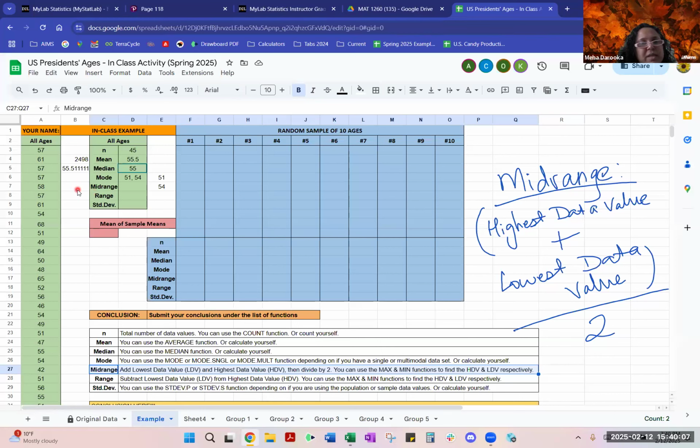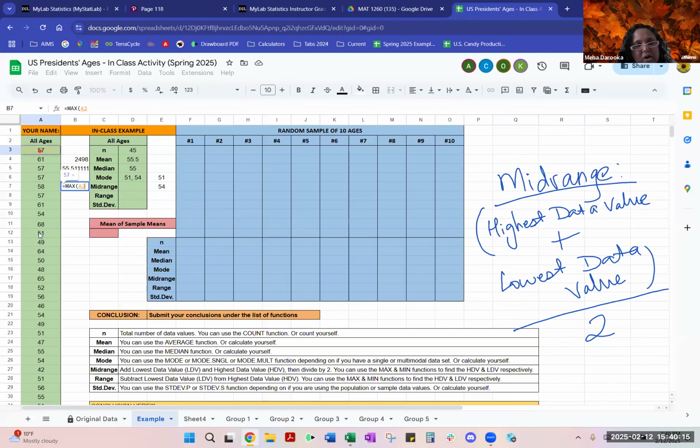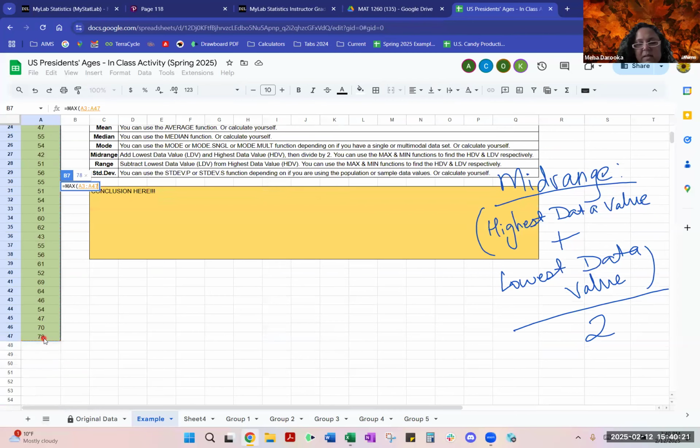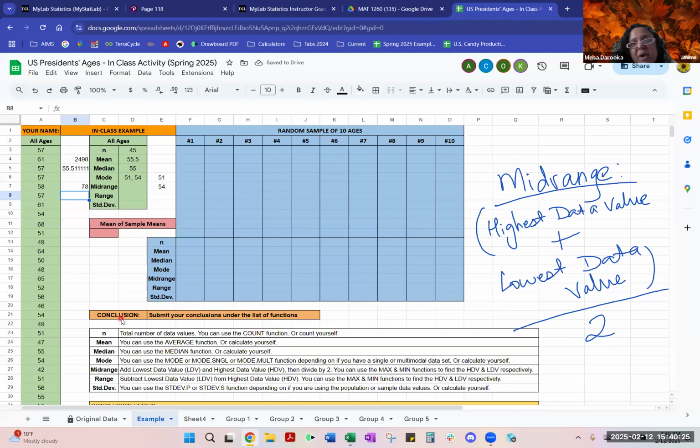So let me show you that on the side over here. Again, we're going to use the maximum function. So that's max, and then go ahead and select all of your ages. And you can see the maximum age will, of course, be no surprise, President Biden, which is 78.